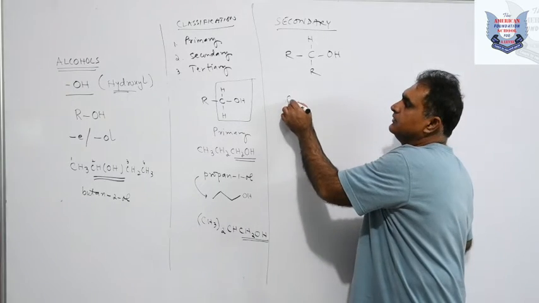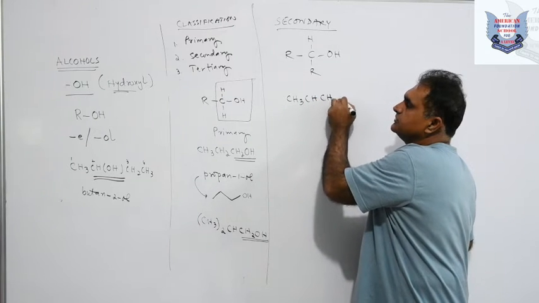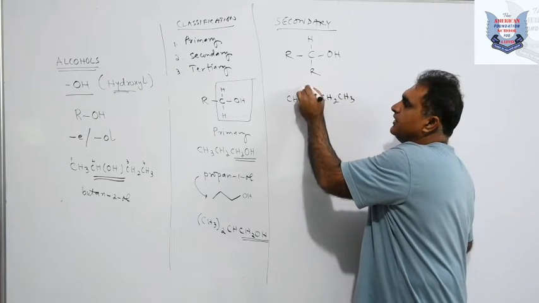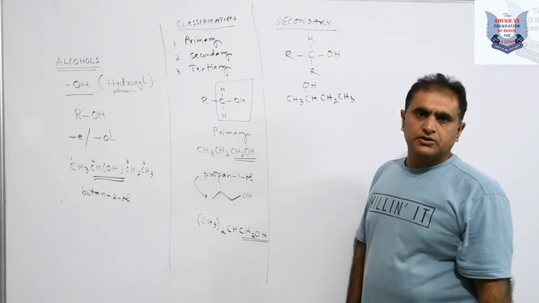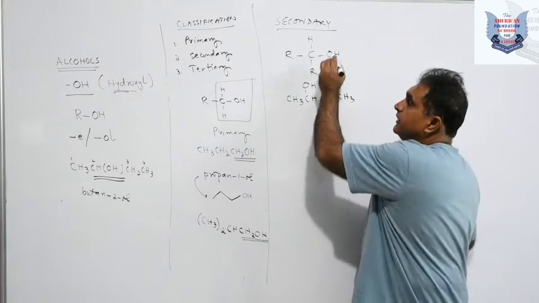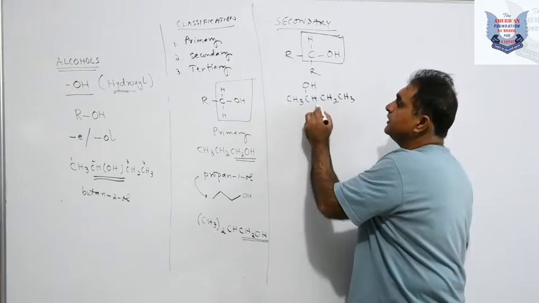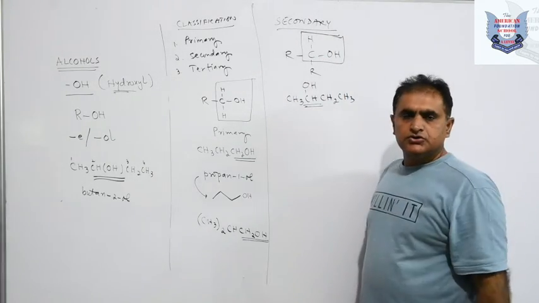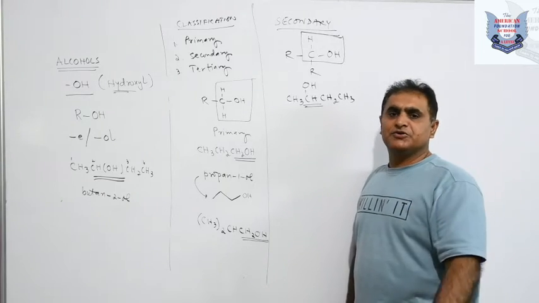For example, this compound CH3, CH, CH2, CH3. This is an example of secondary alcohol. You see, here the shortcut is CHOH. Now you see here, this is CHOH. So the compound containing CHOH is a member of secondary alcohol.